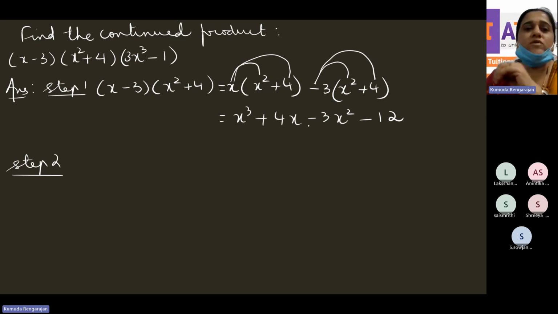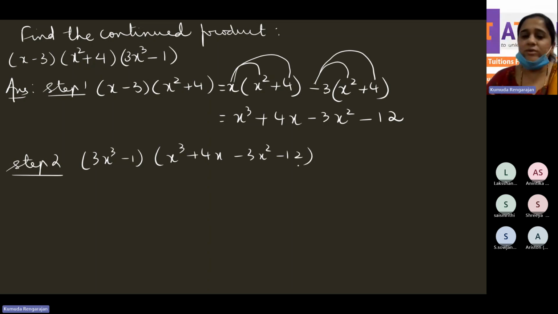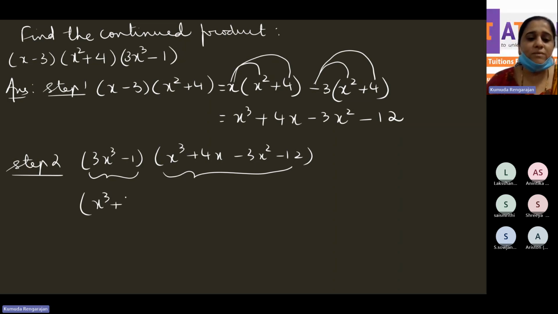Okay. So next you'll have to multiply 3x cubed minus 1 with x cubed plus 4x minus 3x squared minus 12. You can write it either way. You can write this one first and then this, or you can write x cubed plus 4x minus 3x squared minus 12 into 3x cubed minus 1.